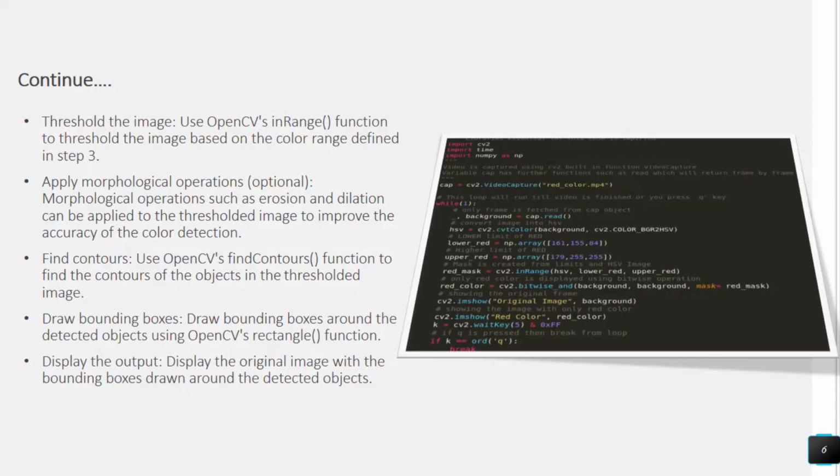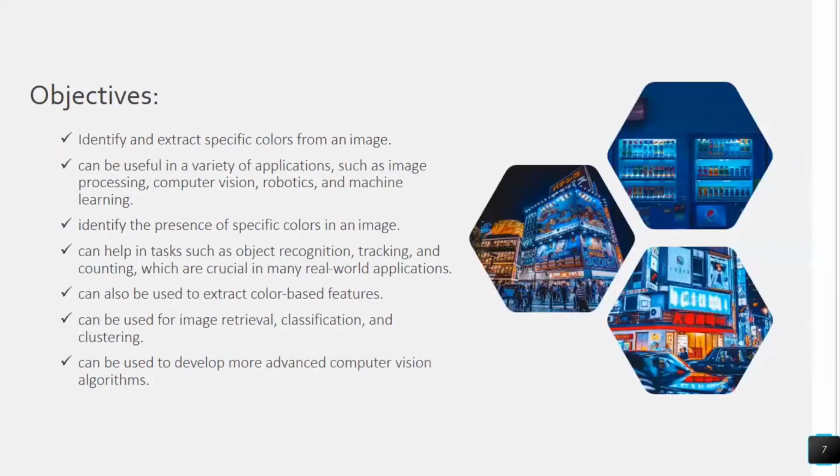Then you need to find contours, using OpenCV's findContours function to find the contours of the objects in the thresholded image. Then you need to draw bounding boxes using OpenCV. The rectangle function is used for drawing the bounding boxes. Then you need to display the output, displaying the original image with the bounding boxes drawn around the detected objects.